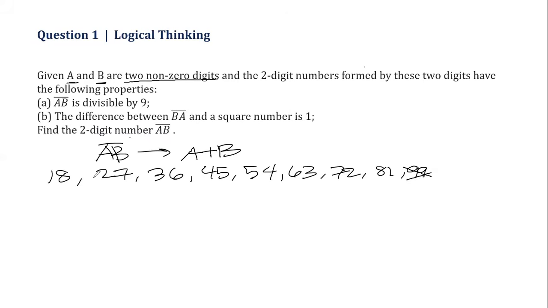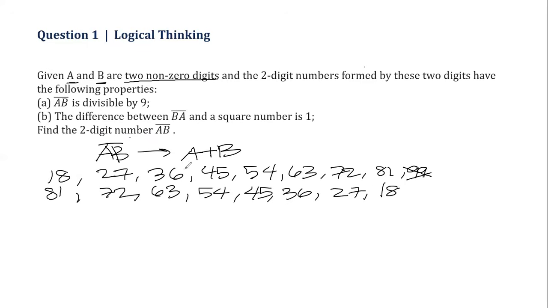Okay, then for the second condition, we switch the digits. For this it is 81, 72, 63, 54, 45, 36, 27, and 18.